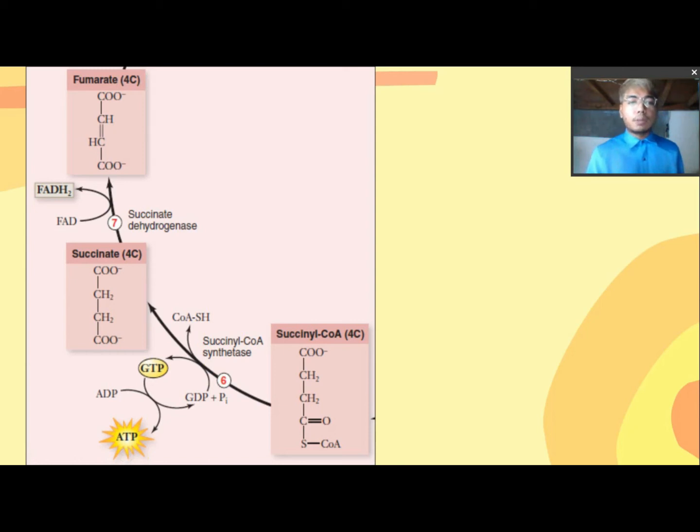Succinate, which is a 4-carbon compound, will undergo another reaction with the presence of the enzyme known as succinate dehydrogenase. The enzyme succinate dehydrogenase will be responsible for the oxidation of the succinate by the release of the hydrogen that is present on carbon number 2 and carbon number 3. As you can observe here, since the succinate will release 2 hydrogen, it will be accepted by another compound known as FAD, or flavine adenine dinucleotide.